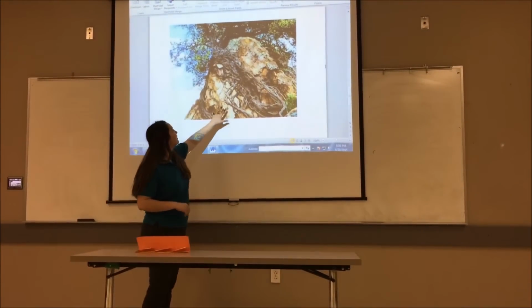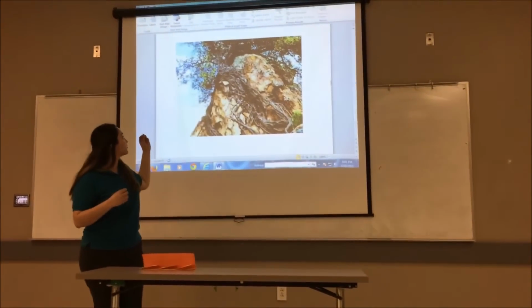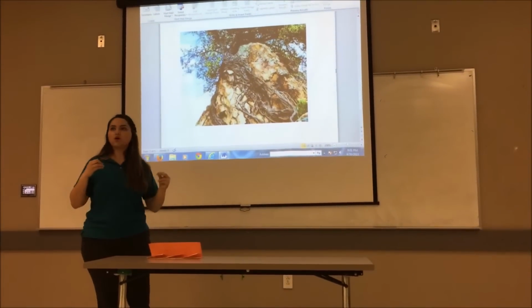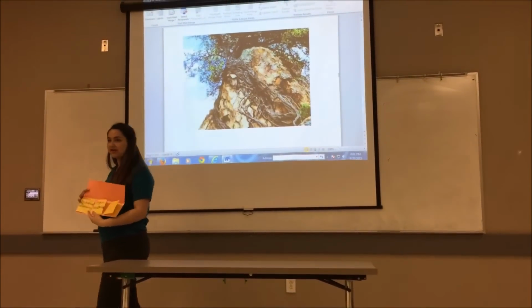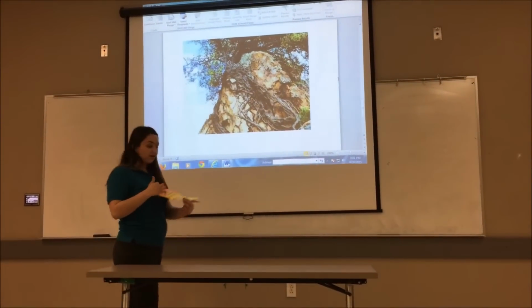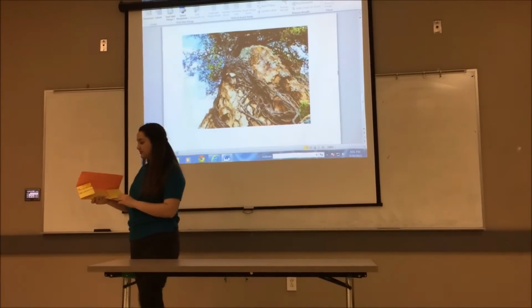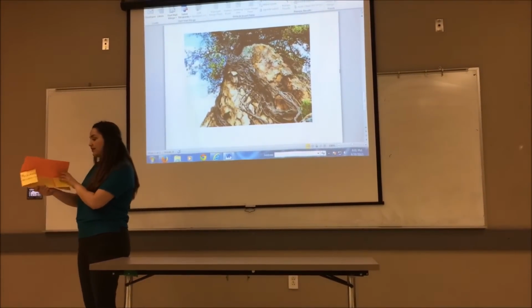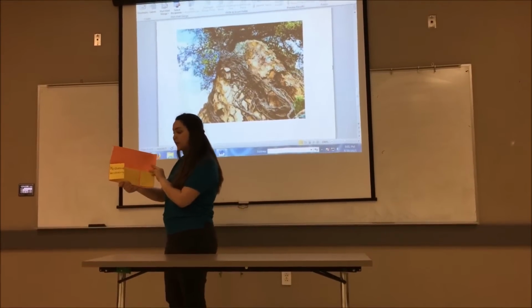Maybe it's a hill. So since we're talking about trees and landforms, what kind of weathering do you think this is? Mechanical or organic? Chantal? Very good, organic. Why organic? Because the definition says that it is a process of weathering when plants break rocks with their growing roots.